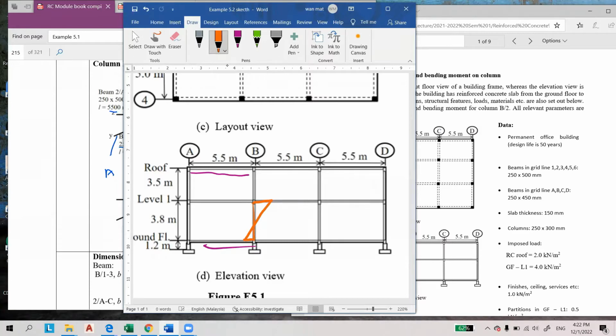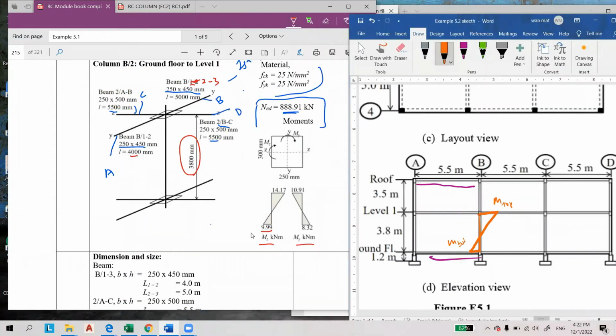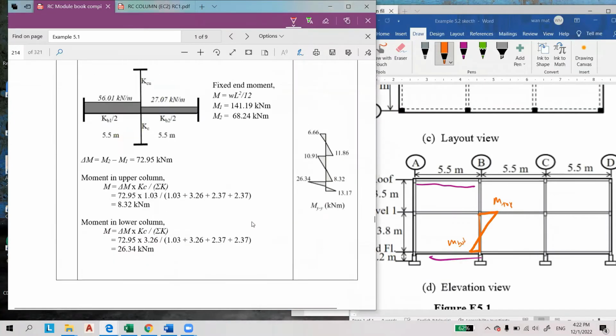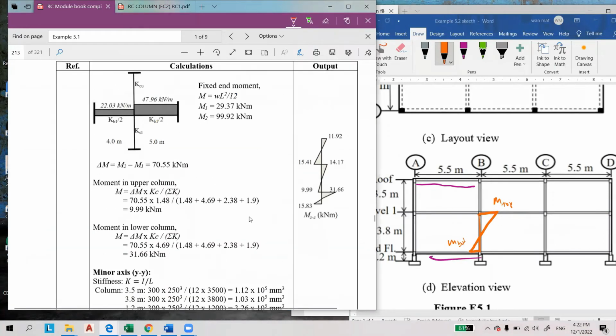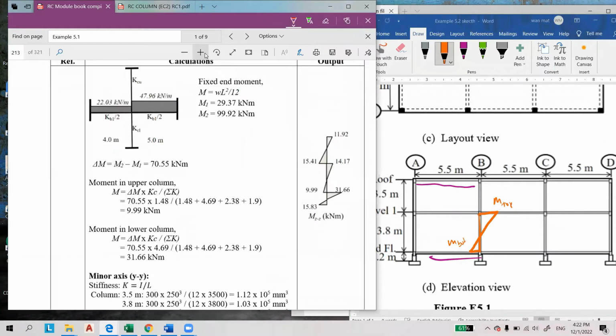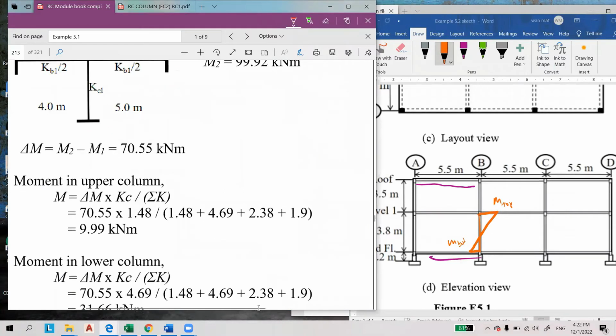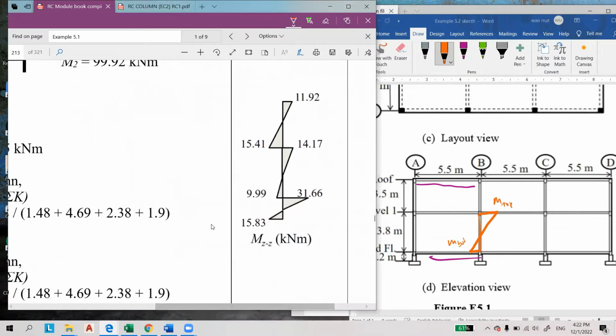The top moment here is M top, and this is M at the bottom. And this 9.99 is from this calculation. We just extract this from this figure.